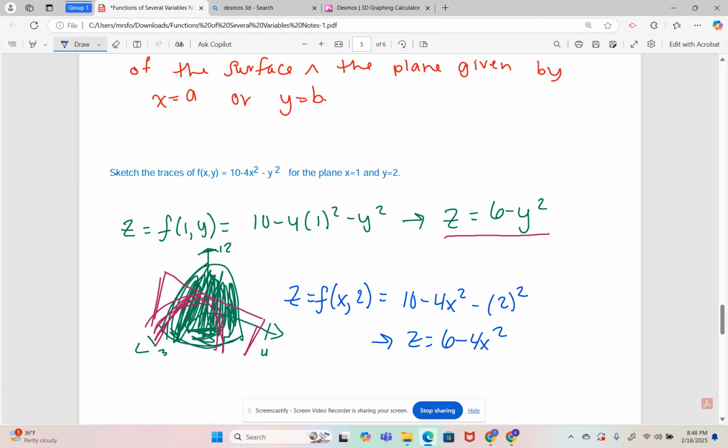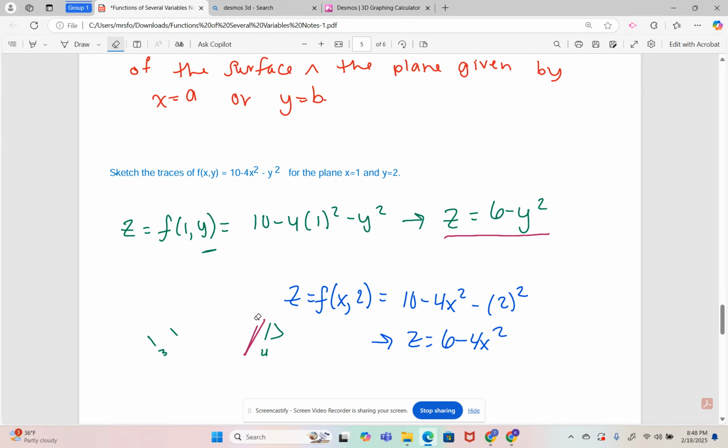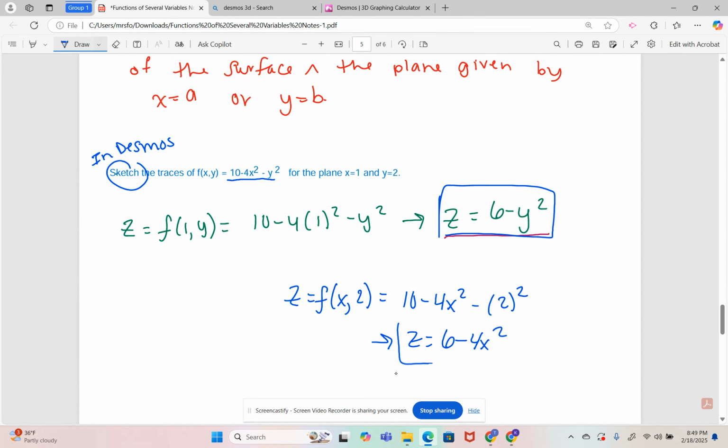So let's put it in Desmos. So you type in the original and then your traces come from when x is 1 and this is when y is 2.